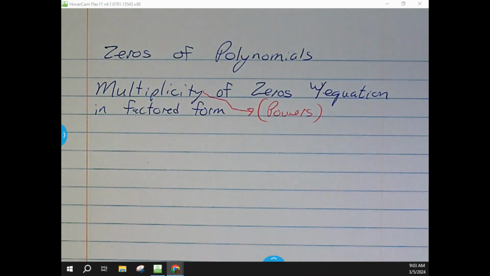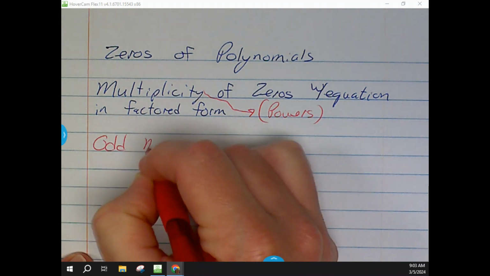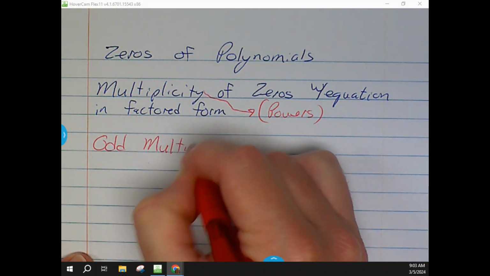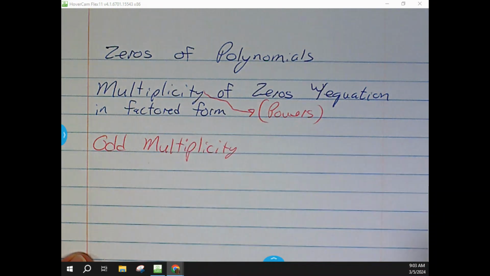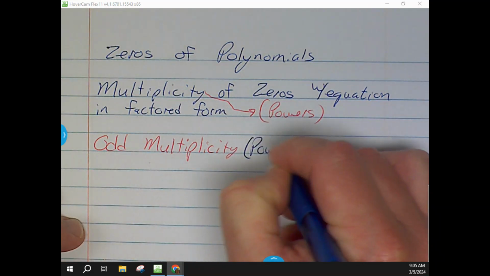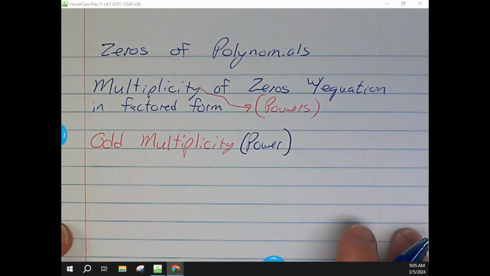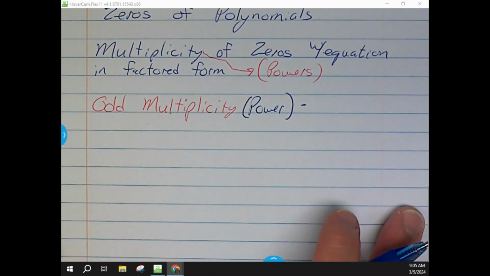Okay, and here's basically what it comes down to. If you have an odd multiplicity, and that is not multiplication, just in case anybody's wondering, it's multiplicity. Again, multiplicity just means it's the power. And based on the multiplicity, it's going to have the graph do certain things.